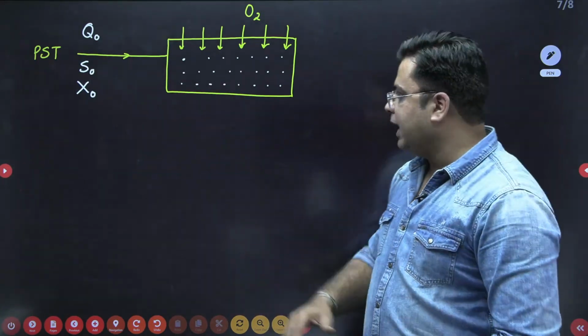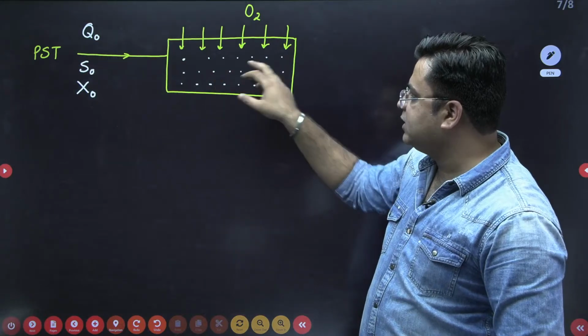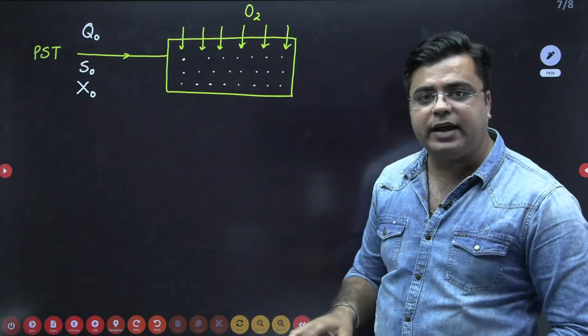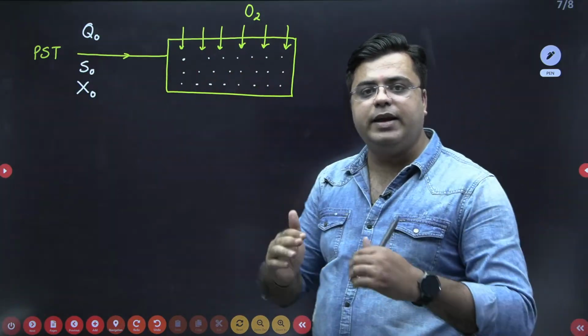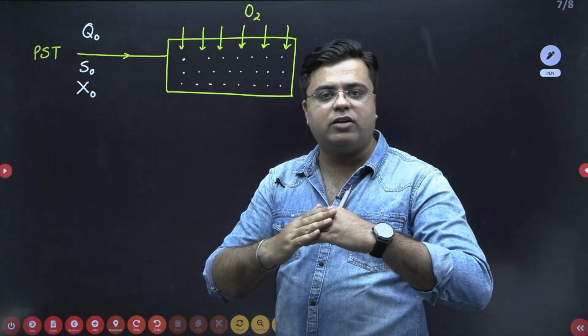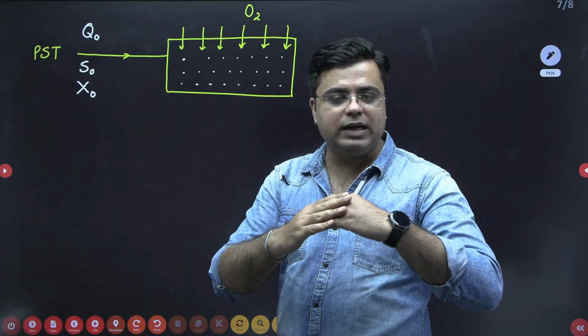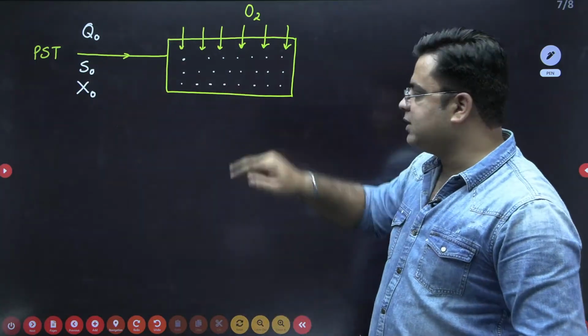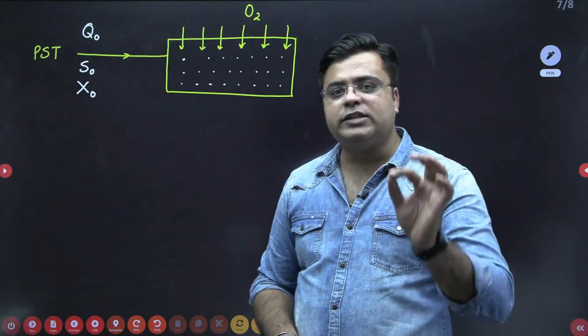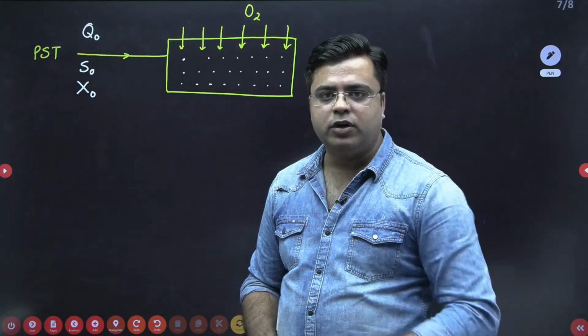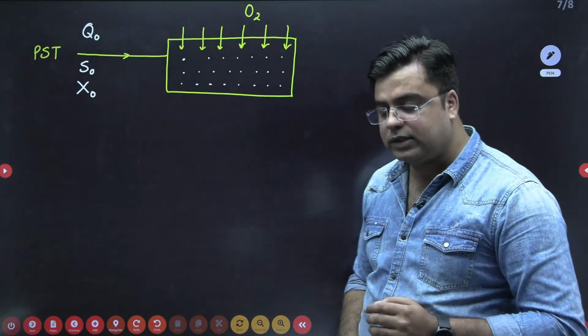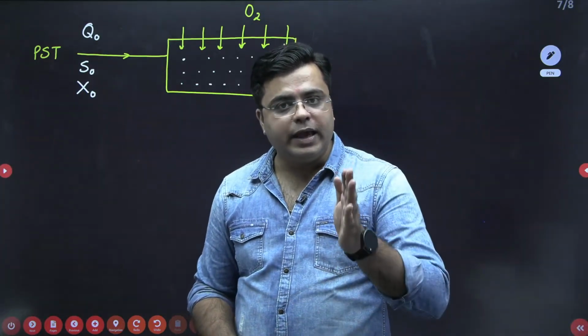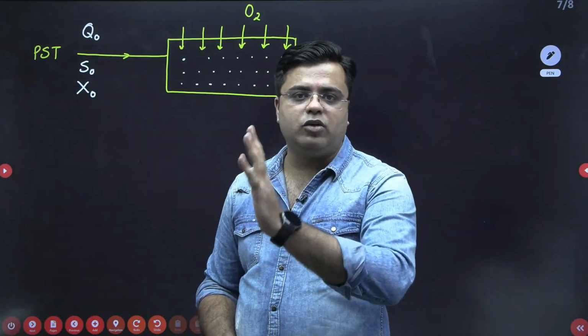Second, microorganisms are present in suspension inside the aeration tank. We haven't provided any medium for the attachment of the microorganisms or the biomass layer. That's why this system is classified as a suspended growth system. So activated sludge process is an example of an aerobic suspended growth system.